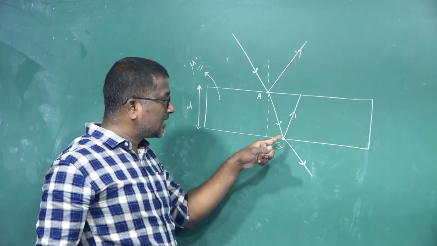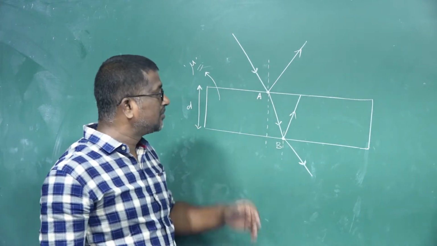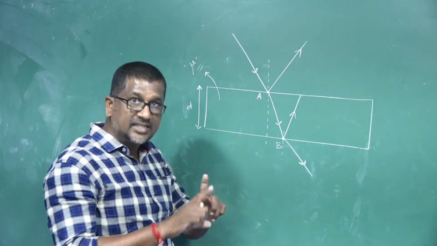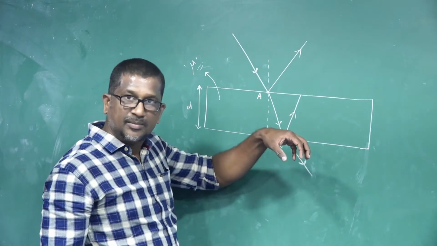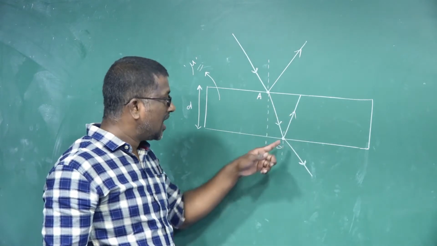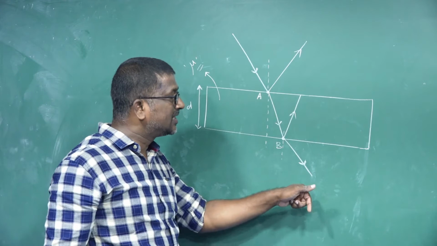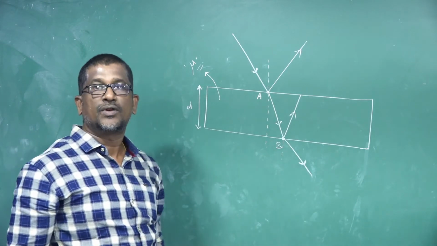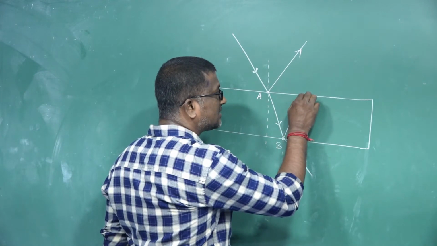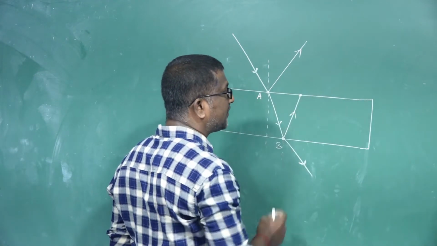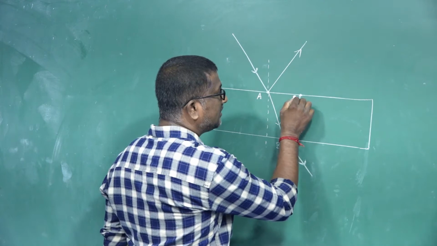When it strikes the bottom of the thin film at point B, one part is reflected in the denser medium itself, the thin film, and the second part is transmitted out from the film. And this reflected ray strikes the top surface of the thin film at point C.